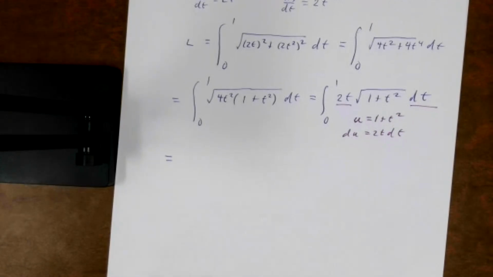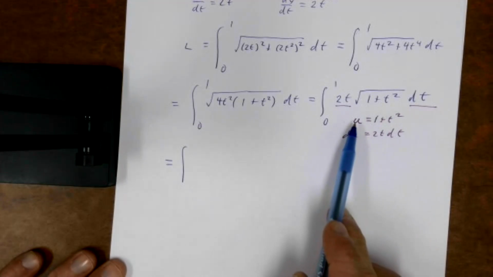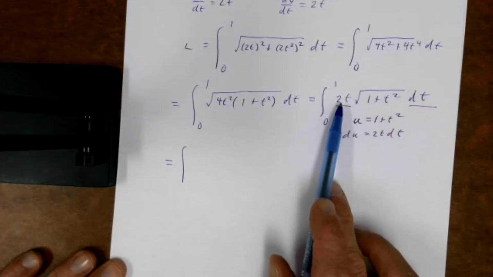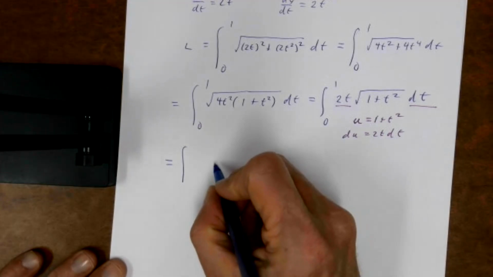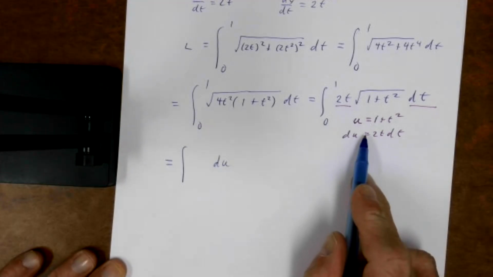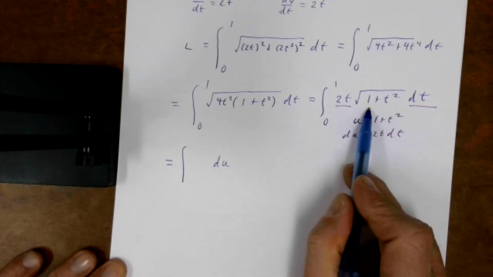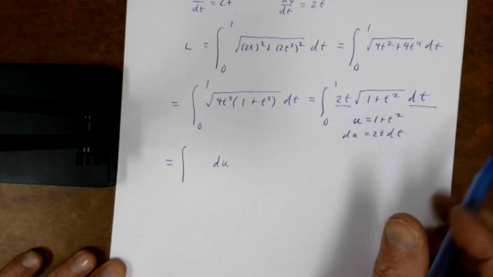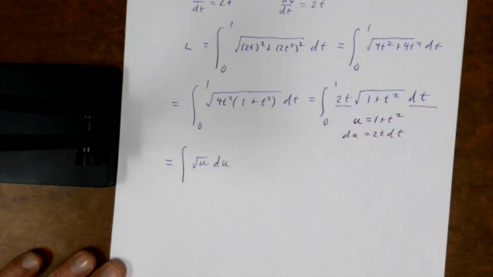I'm going to leave the limits blank for a second because I can change the limits. 2t dt will end up being your du, and 1 plus t squared is my u. So now I have the square root of u du, which will integrate very easily.